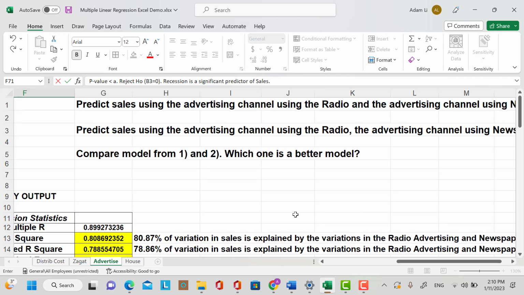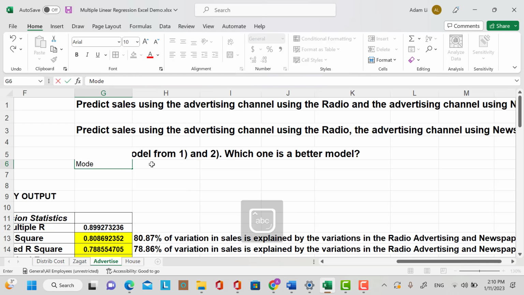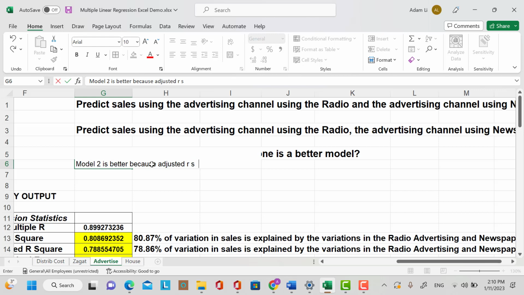Okay, so now if you compare Model 1 to Model 2, Model 2 is better. It's better because R squared is bigger. When you're comparing different models, you use adjusted R squared, and it is bigger in model number 2.